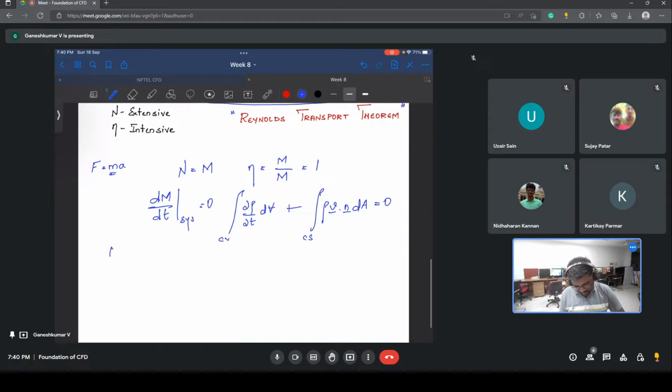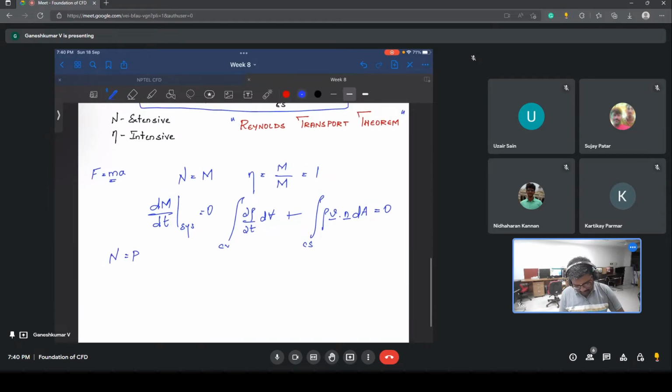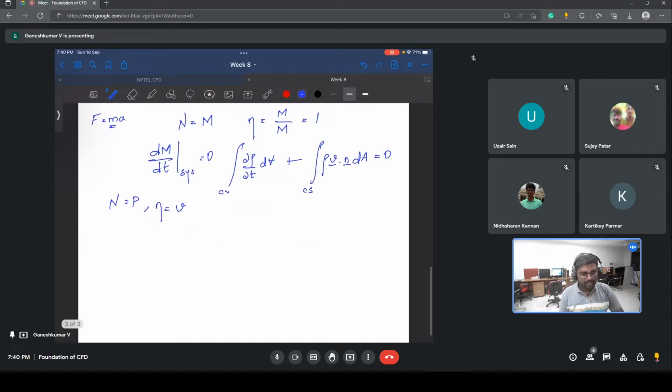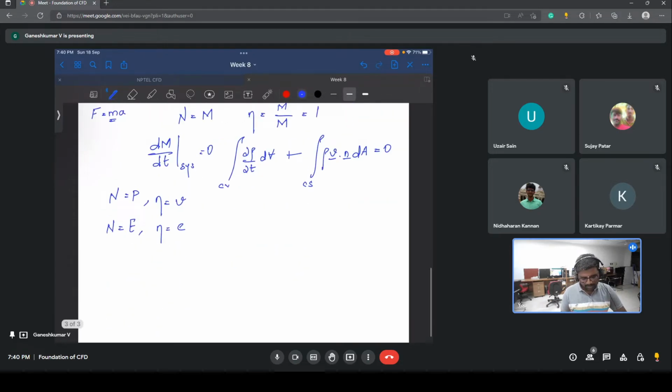Similarly, you can put N to be P, and eta to be V, and you get the momentum conservation equation. Similarly, for energy, you can put total energy, and then eta to be specific energy. You put these into this equation and you end up getting all those governing equations.